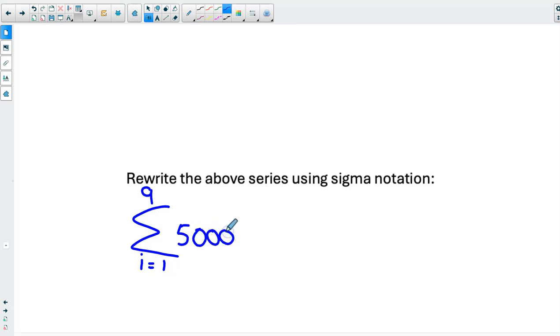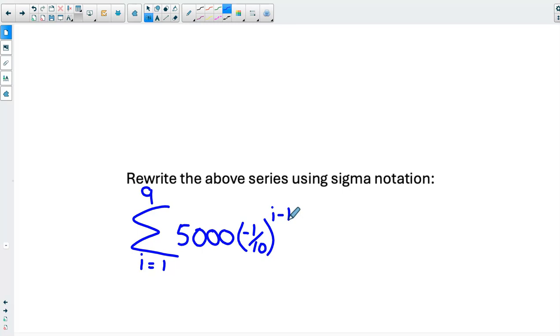And remember, I'm asking my first term because I'm putting my explicit formula here. So I got 5,000 times what? Negative 1/10. And then I'll have i minus 1. All right. This is all I got. I opened the packet up and this is what I got.